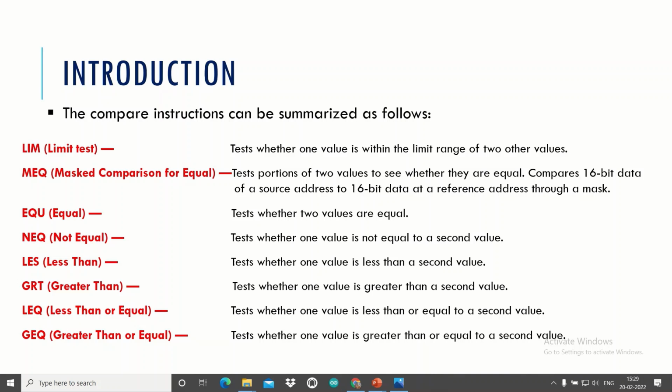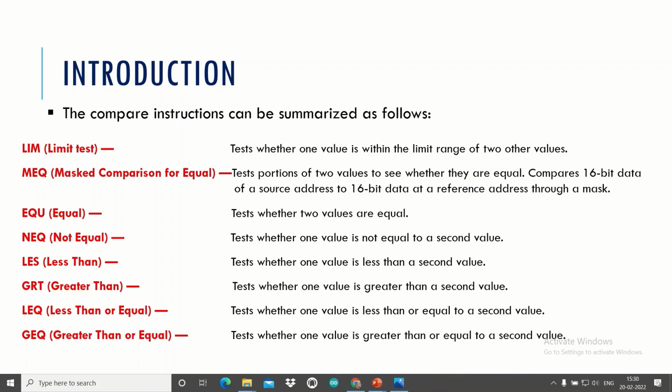Next, we have got MEQ instruction, that is masked comparison for equal. This is a bit complex. Here you can find that it does not compare the entire value.